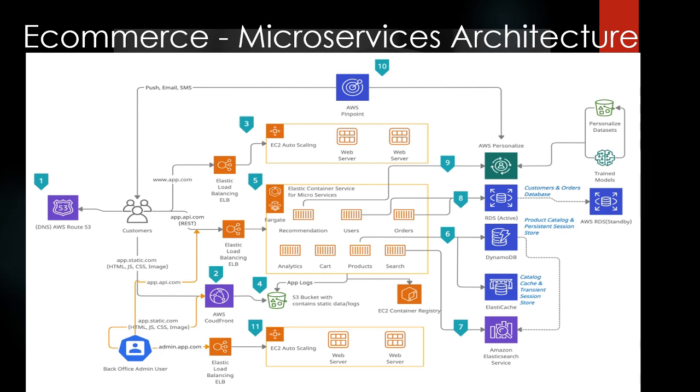Recommendations, analytics, cart, product, search, each functionality can be fine-grained into a microservice, and could be containerized using Elastic Container Service. So this helps you to run this application as a containerized service, as a managed service. So you don't need to bother about underlying infrastructure and other non-functional requirements like scalability, availability, and resilience. So that is taken care of by these managed services, where you have to just focus on the application functionality and the code base.